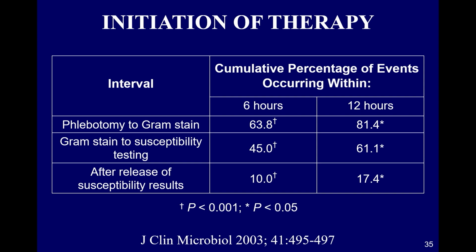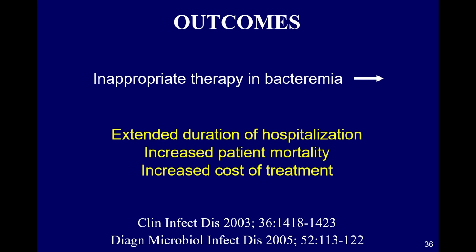Now granted, this was done 25 years ago before all this rapid molecular testing, correct? But it shows that that initial gram stain result can help guide therapy for clinically significant bacteremia.